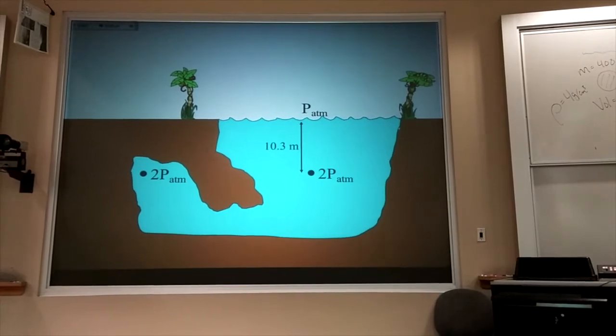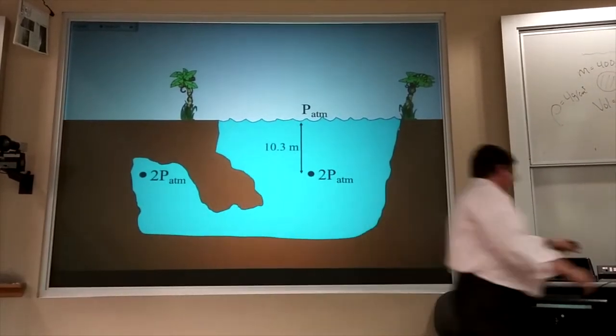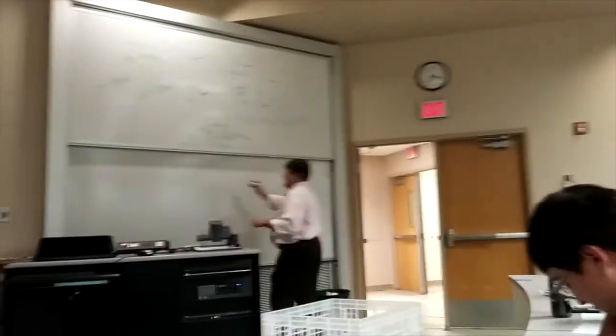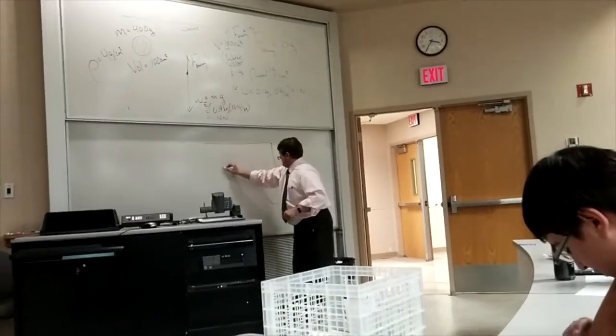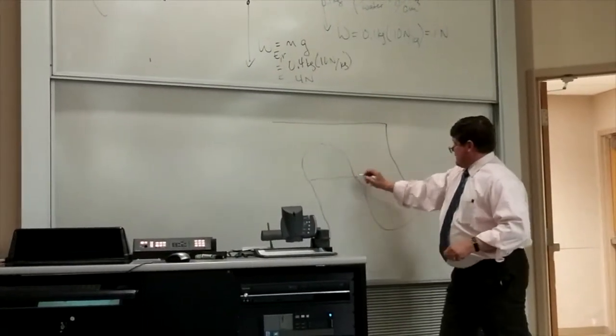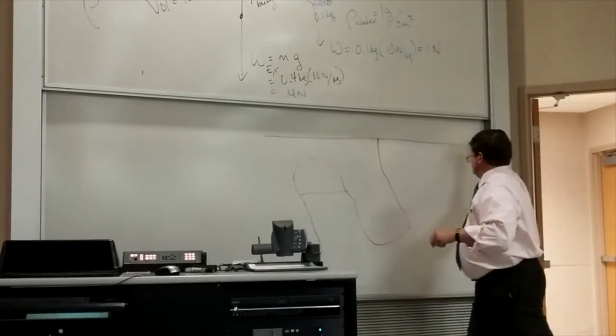Okay? Now suppose, this is just kind of off topic here, but suppose that there was a villain, an evil villain, and he had his lair down here. Okay, and so this is all water.